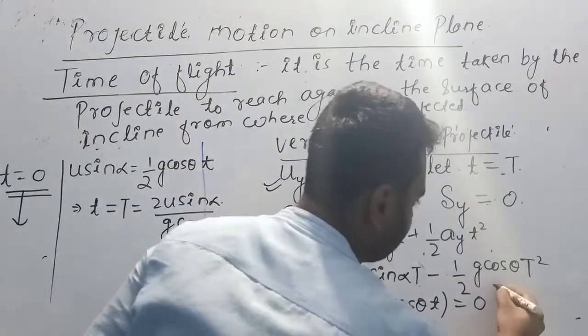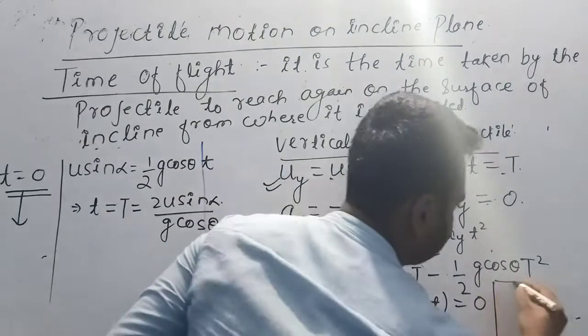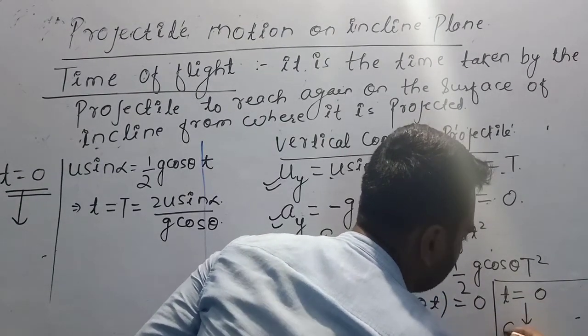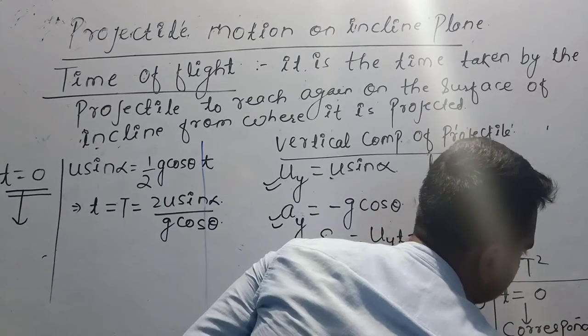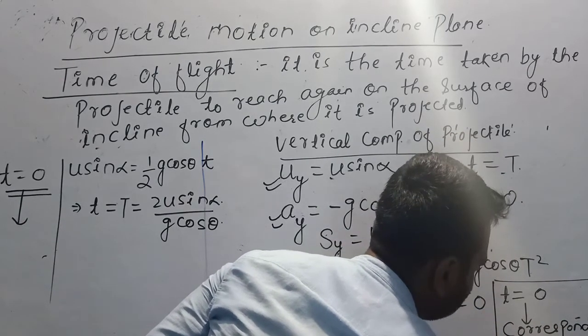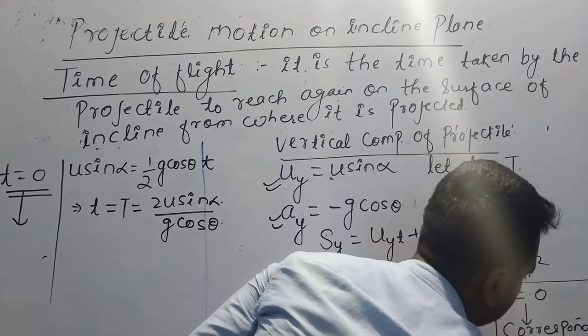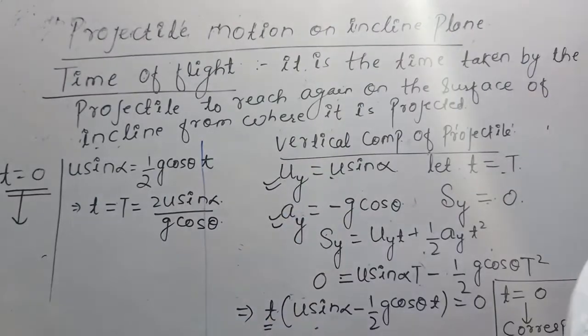I am writing here because of lack of space. From this equation I can get t is equal to 0. This corresponds to the projectile at the horizon. Let me check whether it is clear on the phone screen or not.